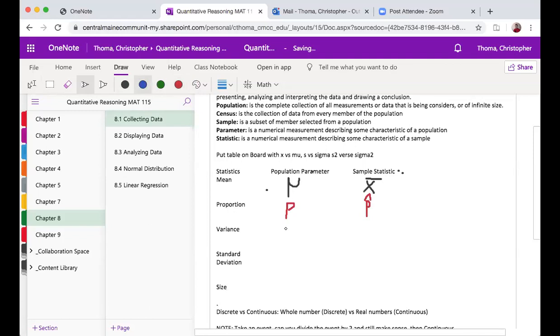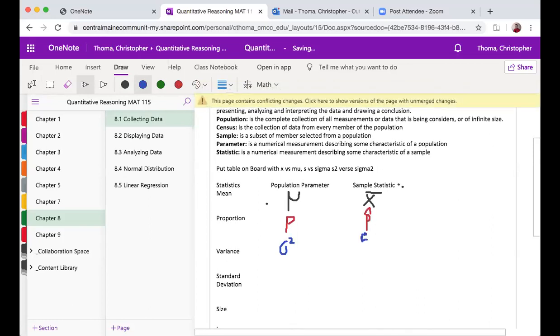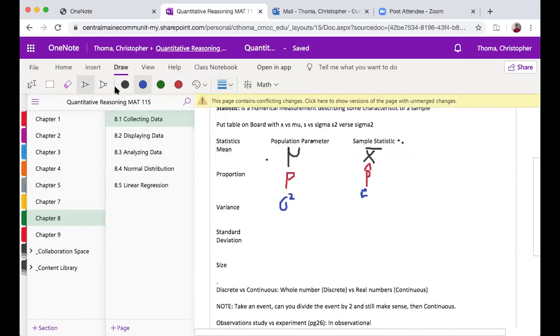Variance is sigma squared, and the sample statistic is s squared. Standard deviation is sigma, and our standard deviation sample statistic is s.